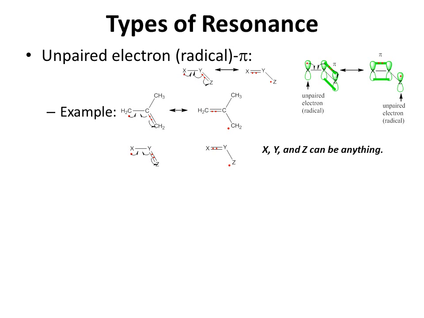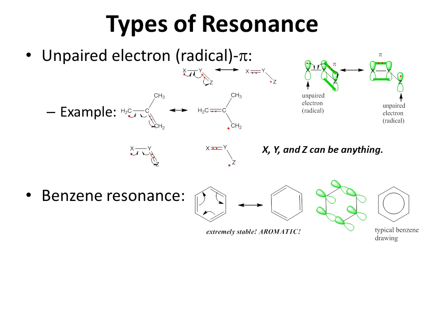Now, our last type of resonance is benzene resonance, represented by benzene, as seen there, a 6-sided ring with 3 alternating pi bonds. The idea of benzene resonance is that the pi bonds are flipping around in a circle, so they change position.